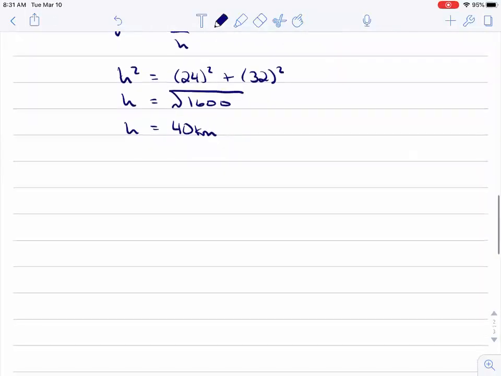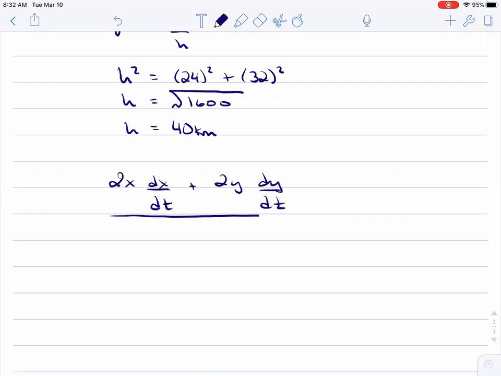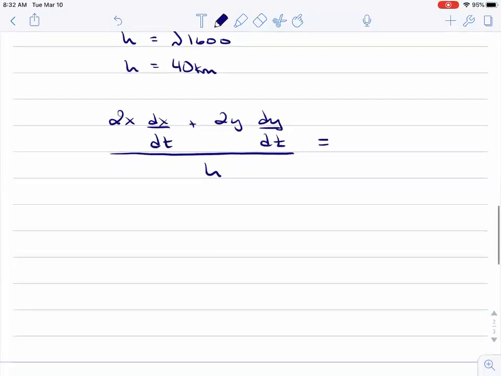So now we can establish that, so I don't have to scroll around so much. 2x dx/dt plus 2y dy/dt over 2h is dh/dt. Sorry, 2h.